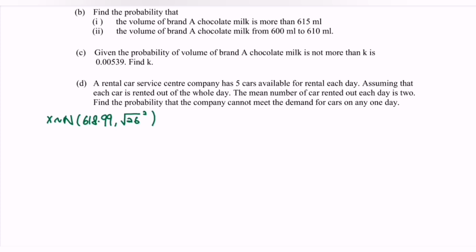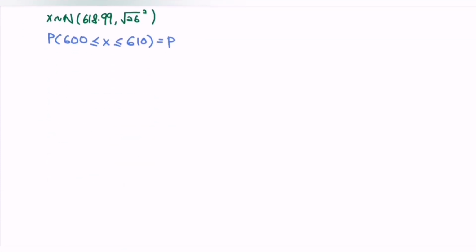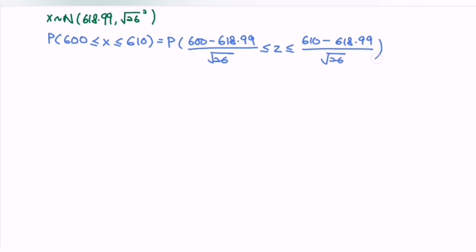Kindly refer to B2. The volume of a brand A chocolate milk from 600 to 610. So we have the question 600 to 610. First, standardize the situation. We have 600 minus 618.99 over the square root of 26, and 610 minus 618.99 over the square root of 26.